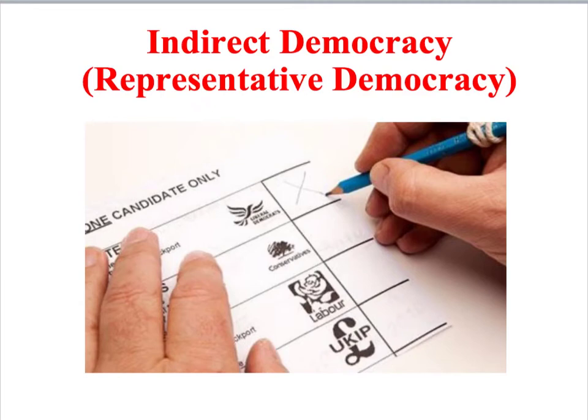So we go to a polling station and we usually have a choice of candidates who normally belong to political parties, and our role is to choose one of these representatives to make decisions on our behalf. This is still obviously a form of people power, but it's a much more limited one than the case of direct democracy. The voters give away the right to decision making to a small number of elected representatives who make decisions on their behalf.